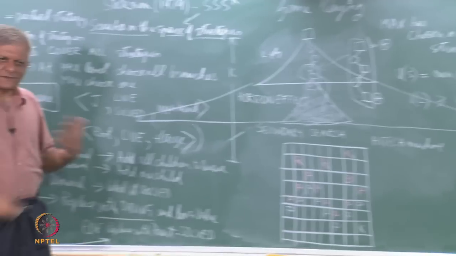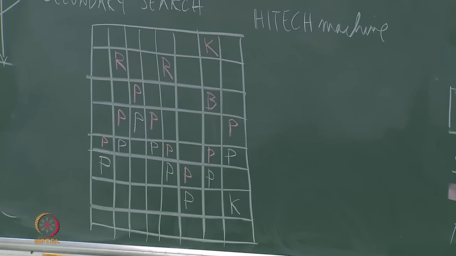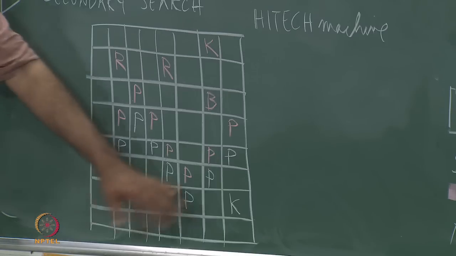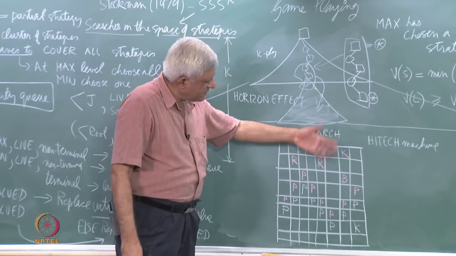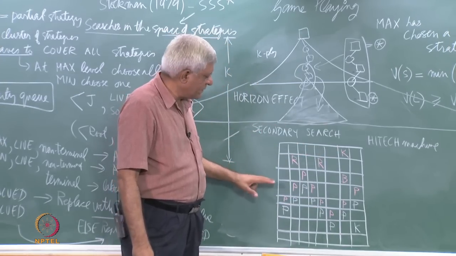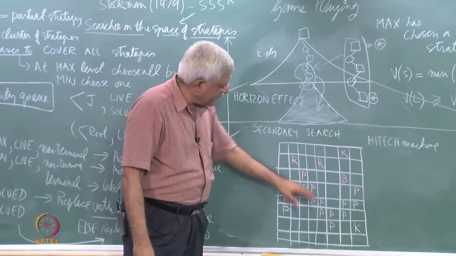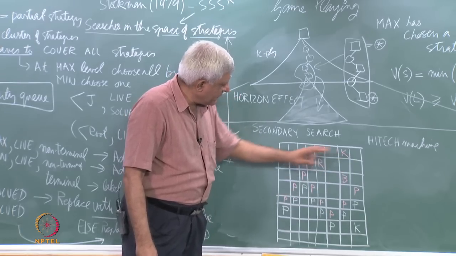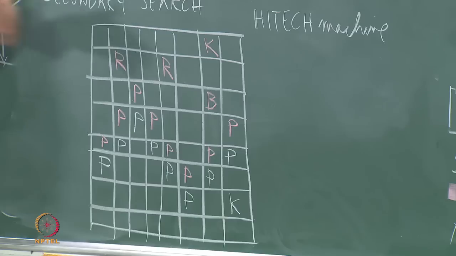So, the opponent is strong in terms of material advantage. This white player has 8 pawns and a king, this red player or black player, whatever you want to call, has 8 pawns and a king, but also has 2 rooks and a bishop essentially. So, there is a significant material advantage essentially.